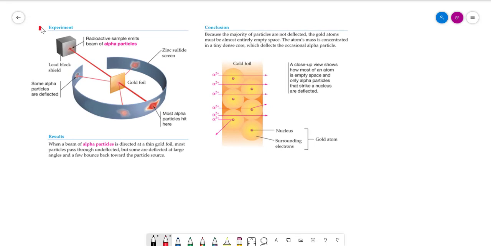So he took a very small sample of a radioactive sample at the time, and we don't need to know that much about it, except that radioactive samples, when left to their own devices, will spontaneously decay, and when they do that, they emit a bunch of high energy particles that we call alpha particles, these big charged particles. They knew that at the time, but they didn't know much else about what constituted the inside of these atoms.